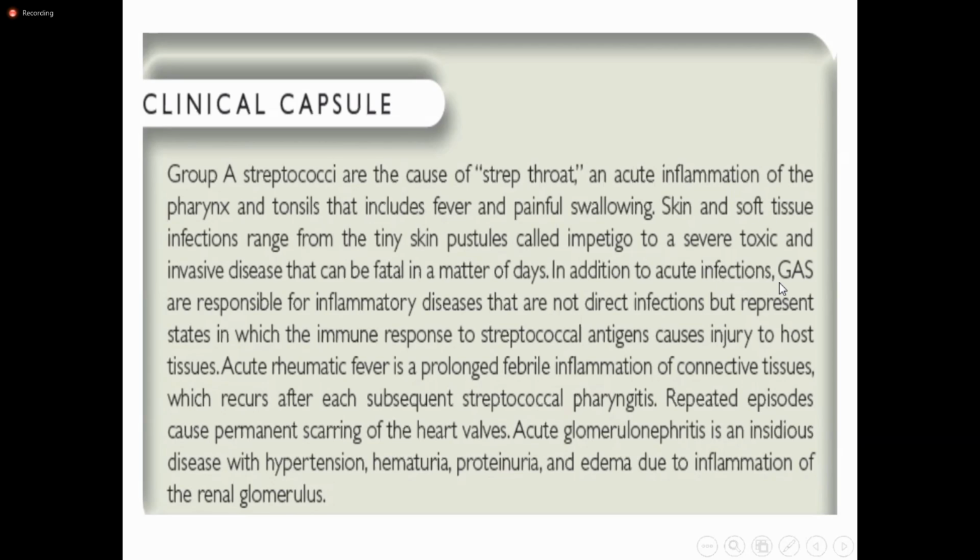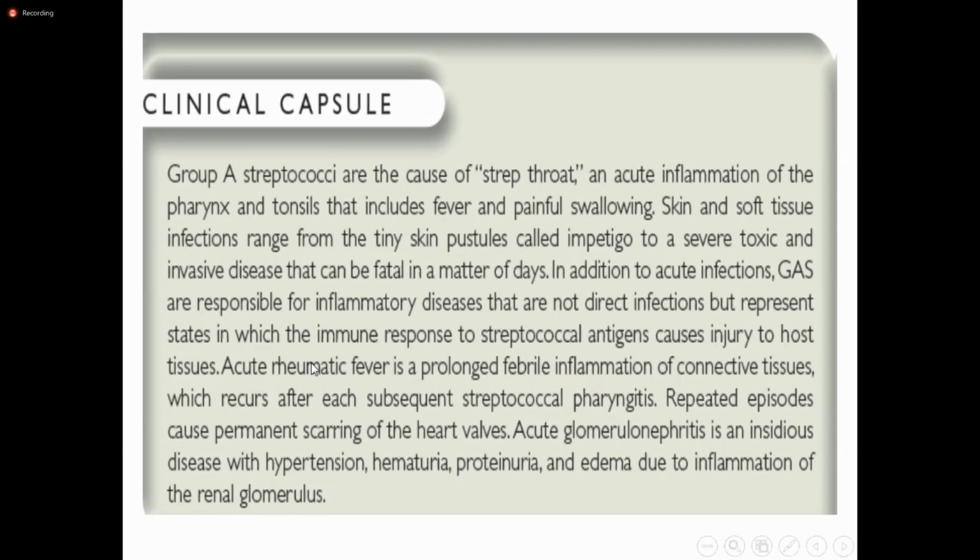In addition to the acute infection, the group A streptococci are responsible for inflammatory diseases that are not direct infections, but represent a state in which the immune response to the streptococcal antigen injures the host.